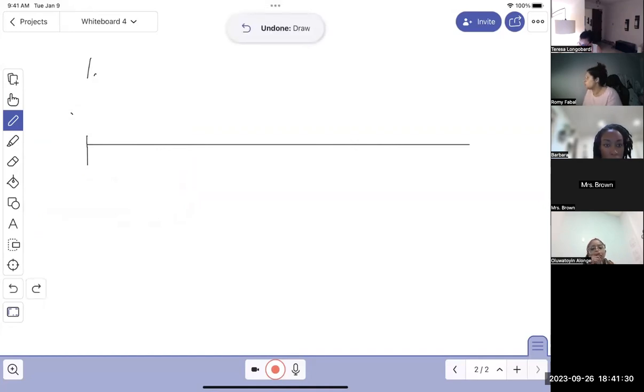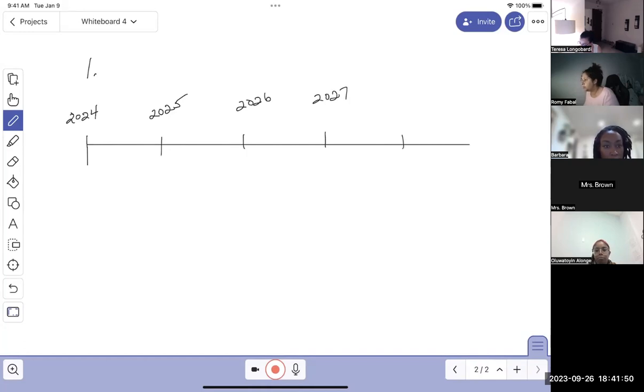So it's going to be, this is 2024. And then it's 2025. And then 2026. And 2027. And then 2028. And then I'm going to use 3 dots to say it goes forever.